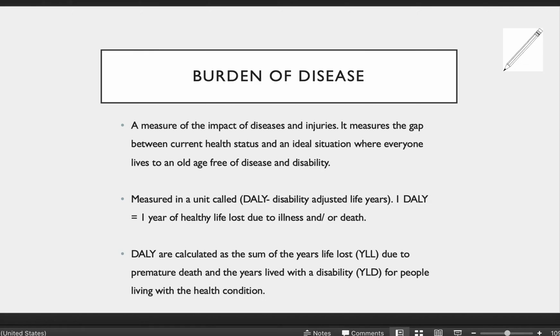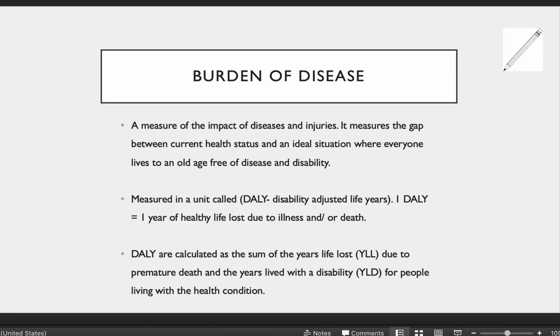Two final things. The burden of disease. When people carry disease, injury, illnesses, or disorders, we have a gap between where their health status should be at optimal health and where their current health status is. Sometimes there's a large burden of disease. And when a disease, injury, illness, or disorder is diagnosed, people are not able to live their regular life by a long way off where it was.